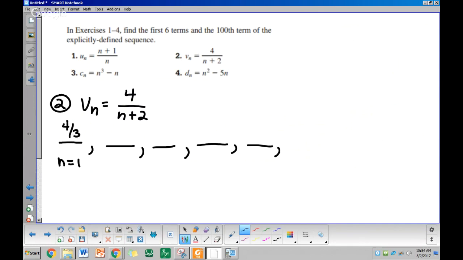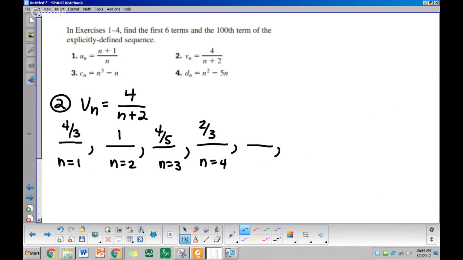If I let n equal 2, that gives me the second term, which is 1. If I let n equal 3, that gives me the third term, which is, everybody following? N equal 4? 2/3. Okay, so I think you can do that now, so don't let that scare you.